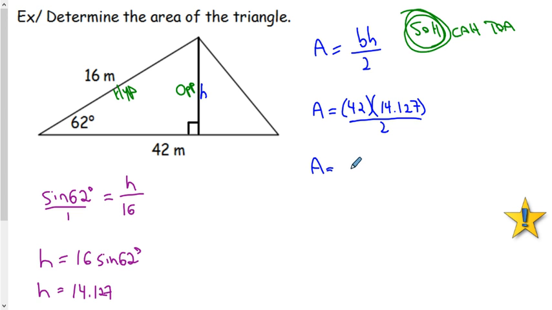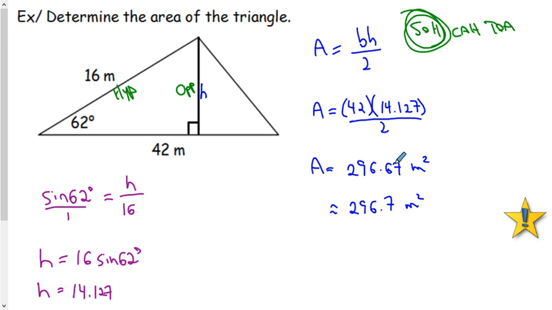That's going to work out to 296.67 meters squared. Let's round off to one decimal place. So 296.7 meters squared.